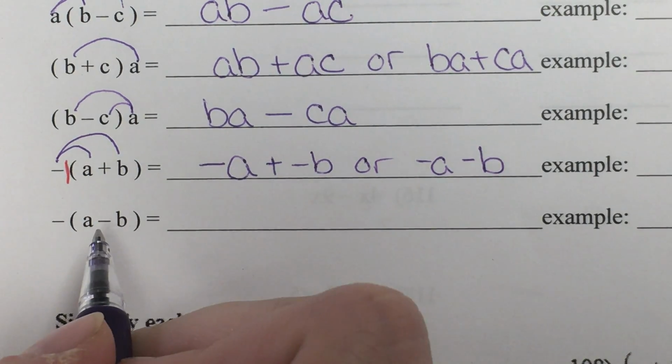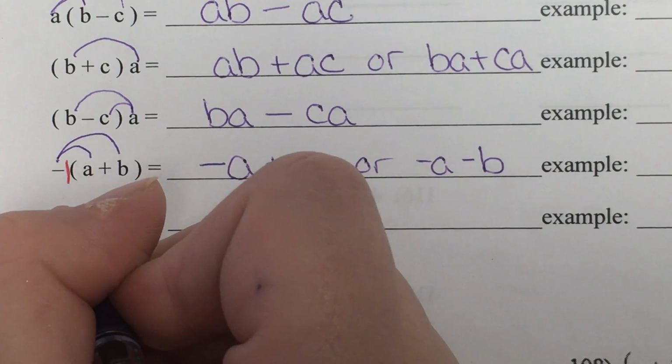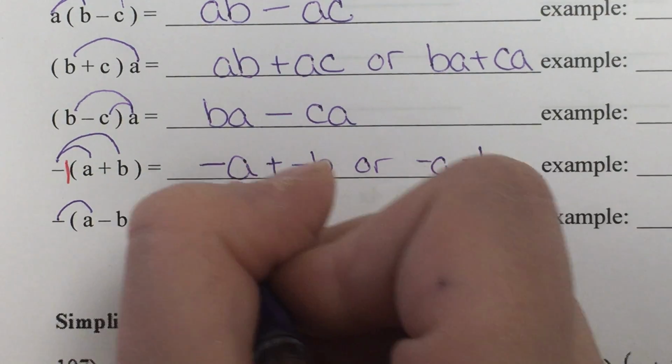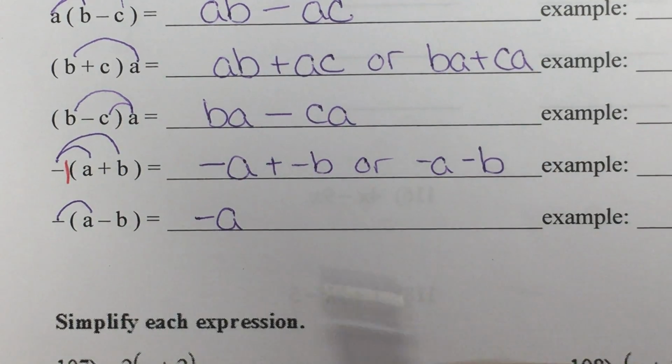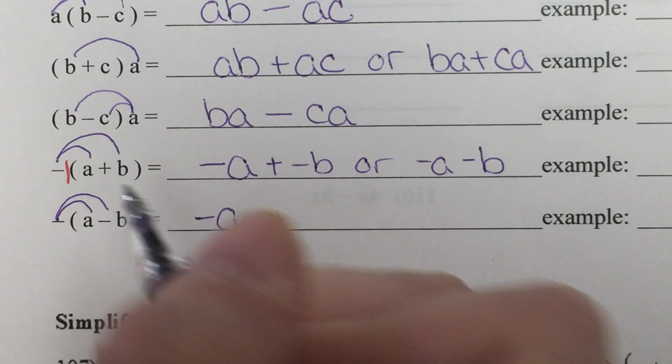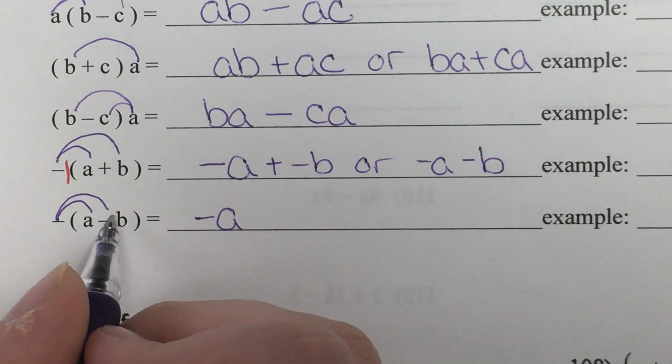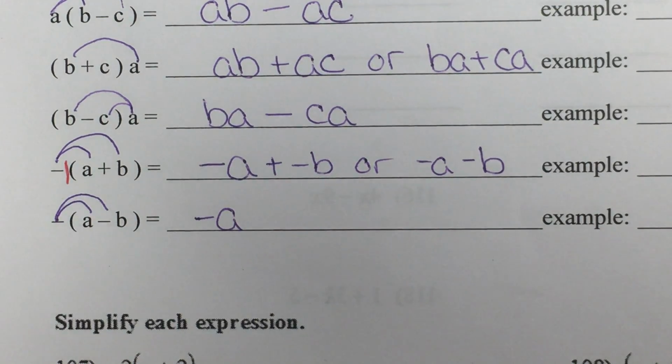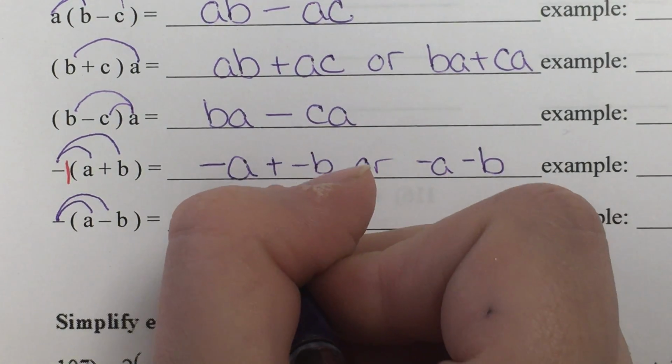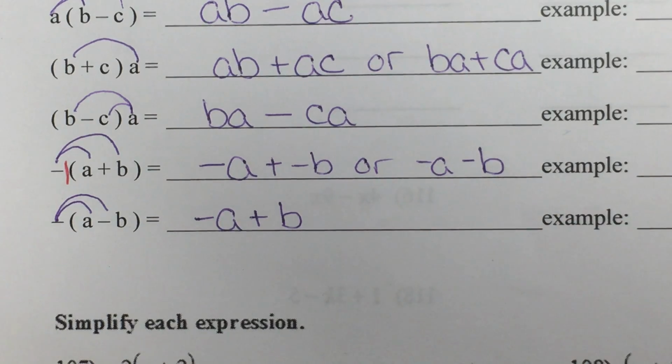Okay, same thing down here. Distribute that negative. Negative 1 times A is negative A. Then we're going to have a negative 1 times a negative. Well, we multiply 2 negatives together, they become a positive. So now this is negative A plus positive B.